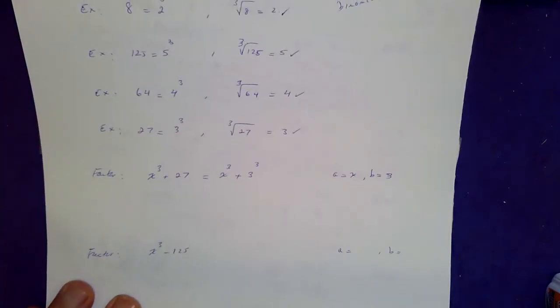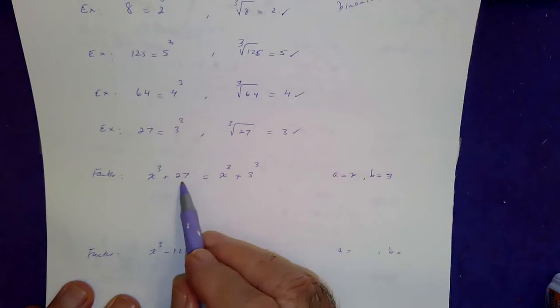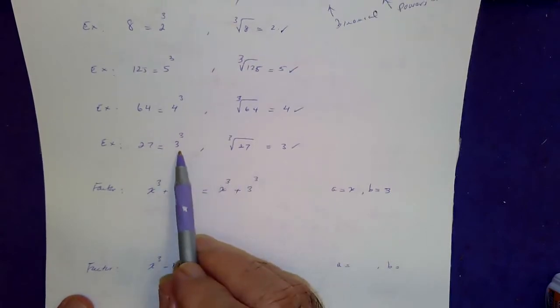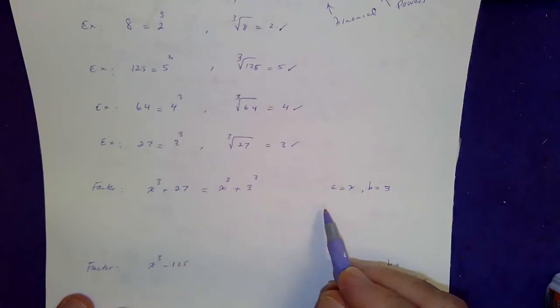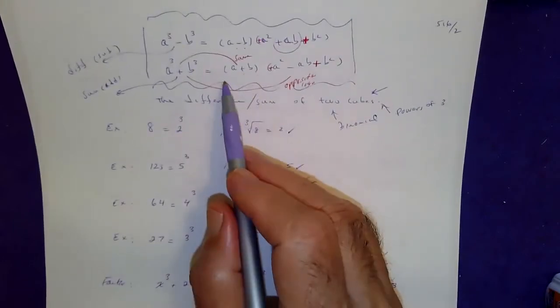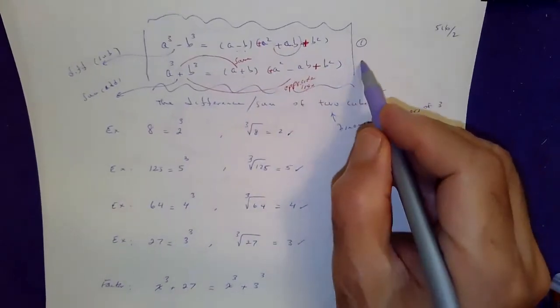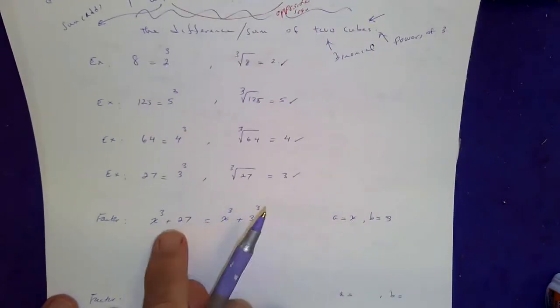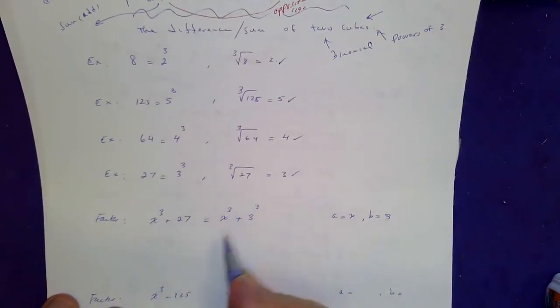So with that in mind, let's see if we can factor these sum and difference of two cubes. This is x cubed plus 27. Remember, 27 is the same as 3 cubed. So it looks like a is x, b is 3 in the second formula, because this is a sum of two cubes. There is a plus sign.